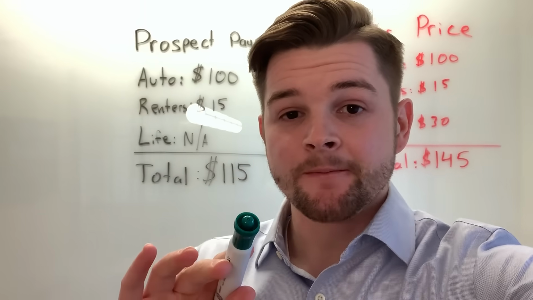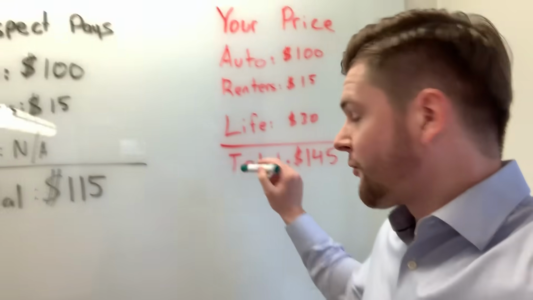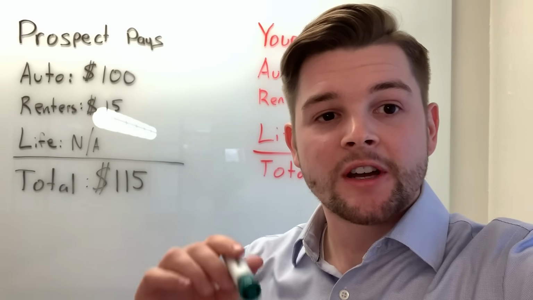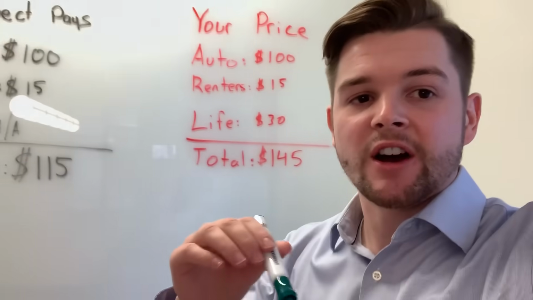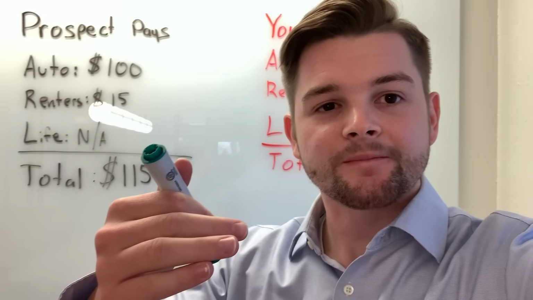You can either say, John, your price is going to be $145 per month, or you can make this price of $145 seem more appealing. So you can say something like this.